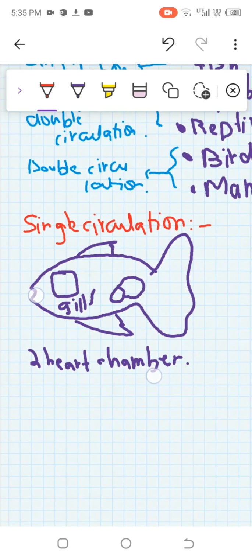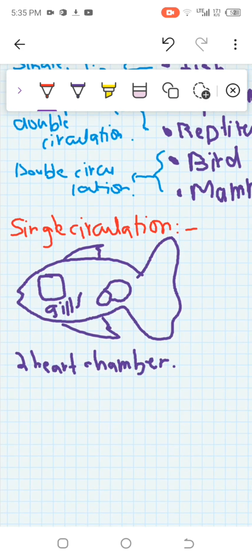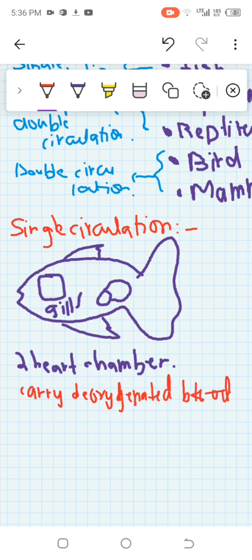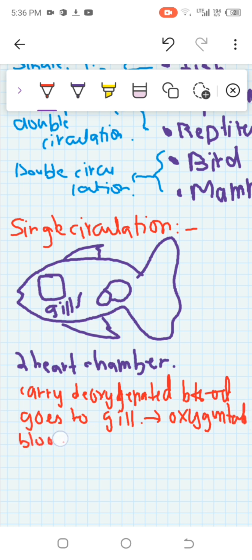First, the heart with two chambers carries deoxygenated blood, and that goes to the gills. Then from the gills, the oxygenated blood is passed throughout the body.